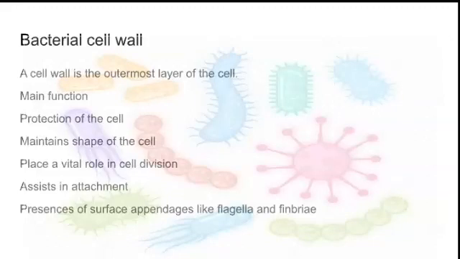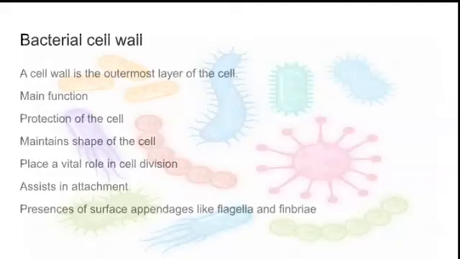Importance is given to the bacterial cell wall because the classification of one type of bacteria is according to the cell wall arrangement, that is gram-positive and gram-negative. The cell wall is the outermost layer of the cell, and the main function of the cell wall in bacteria is to protect the cell, maintain the shape of the cell, and it plays a vital role in cell division.